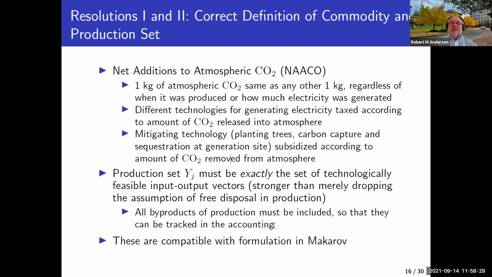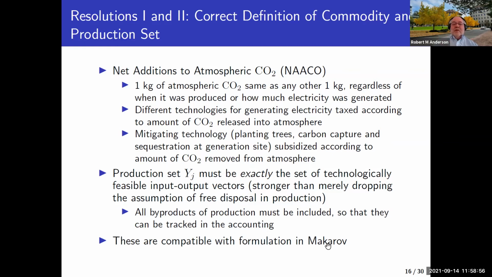The production set Y must be exactly the set of technologically feasible input-output vectors, and all byproducts of production must be included so that they don't drop out of the accounting. If the production set Y includes things that are not technologically feasible, that means stuff is dropping out of the accounting.